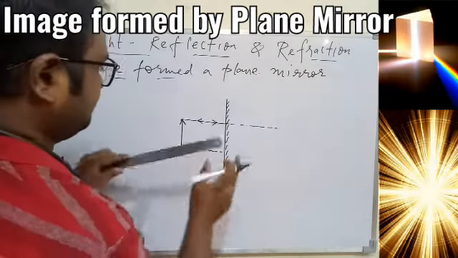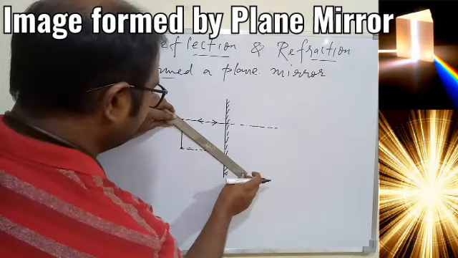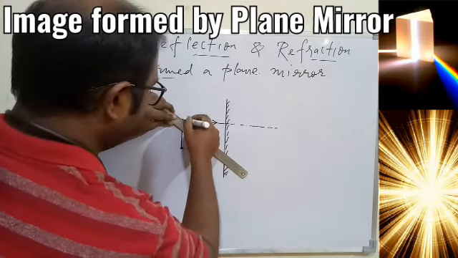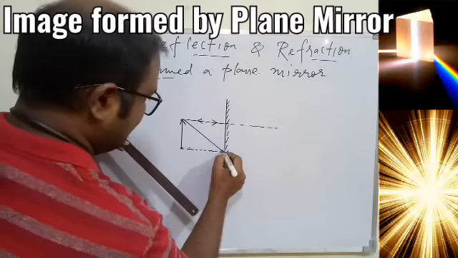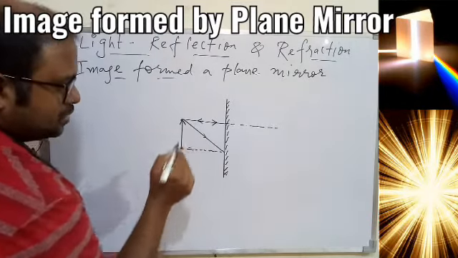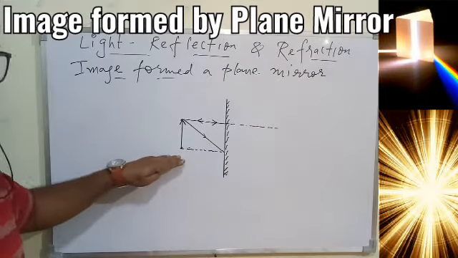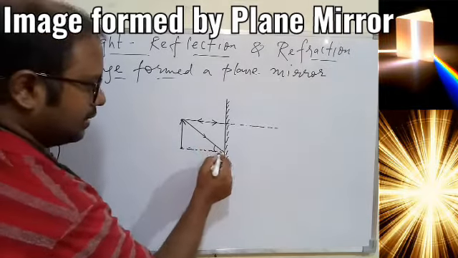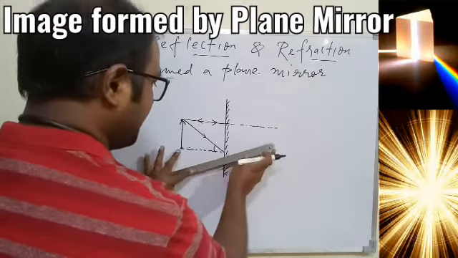Okay, now apply another rule, let's take a point here, or anywhere you can take. What will happen to this? This is falling. Now for this incident ray, this is acting as a normal. So this is the angle i, and automatically the same angle will be the reflected angle.